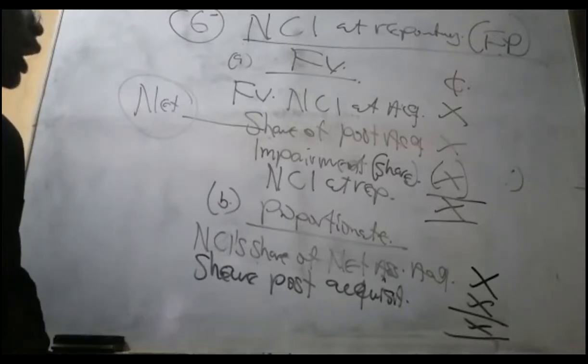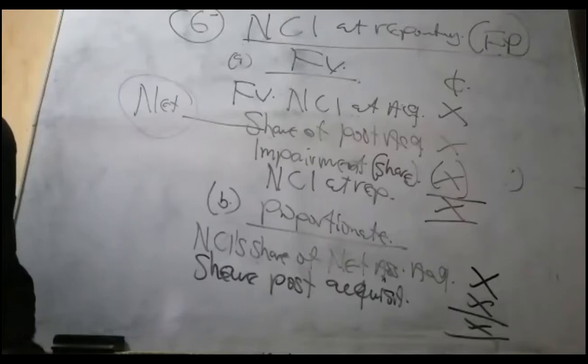That's all. I'm done with working 6. But let me do working 7, and I'll end at working 7. Then that means you have all the workings. What is left for us to do are the workings that come in a note, the intra-group adjustments.